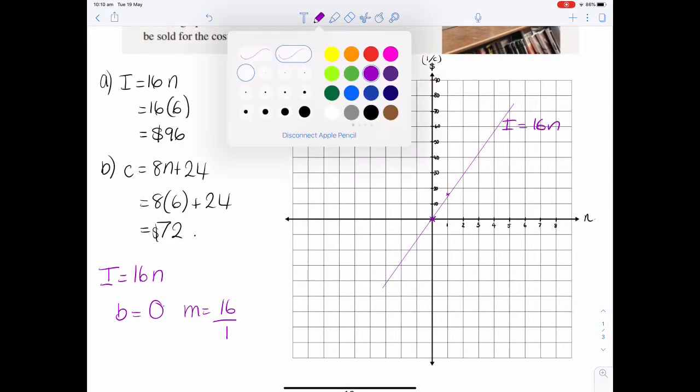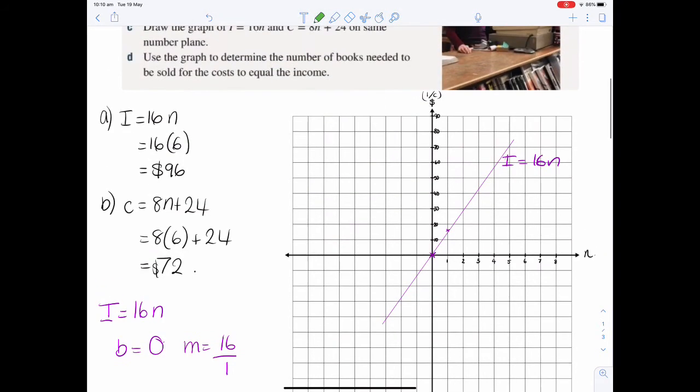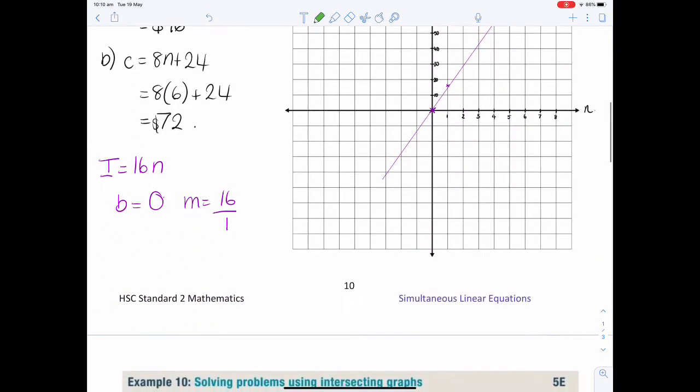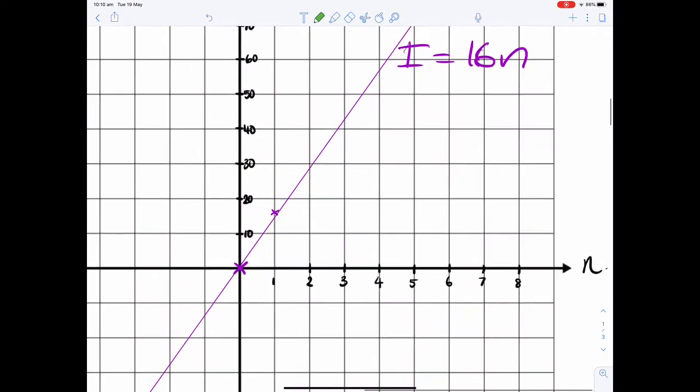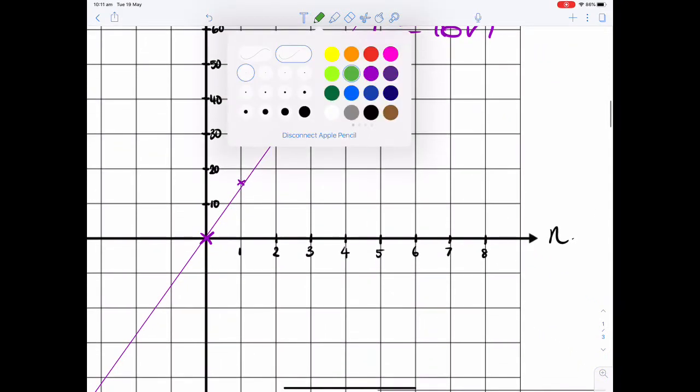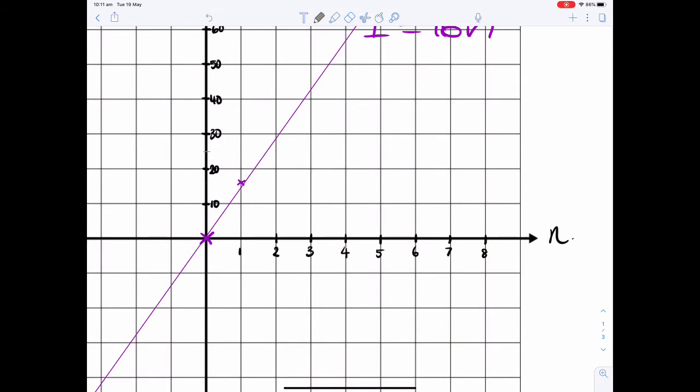Now the other equation, I'll do it in green, is C equals 8n plus 24. My y-intercept is 24. And my gradient is 8 over 1. So coming up here at 24. Again, let's set up those axes. That's halfway.